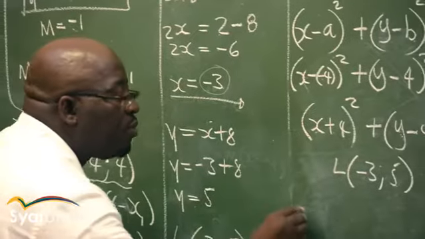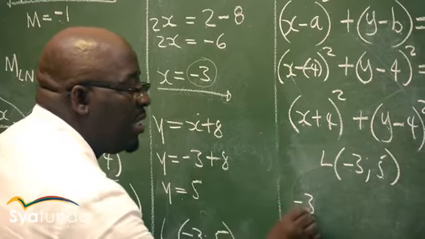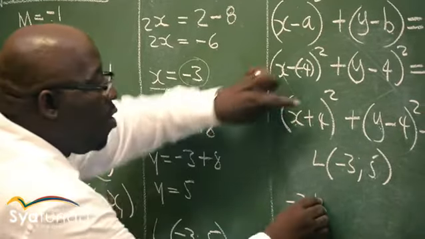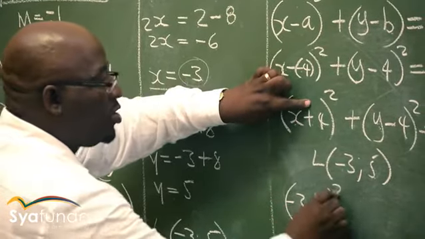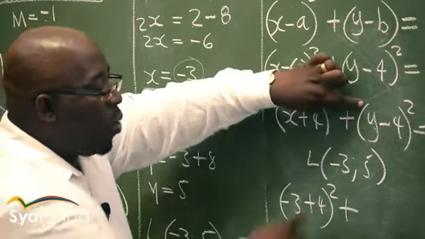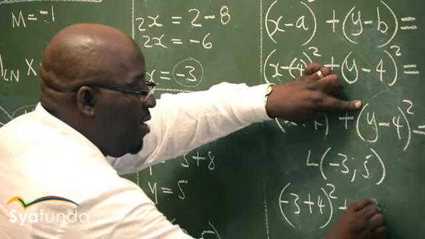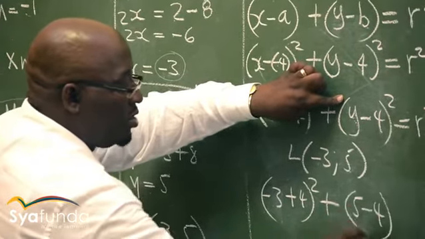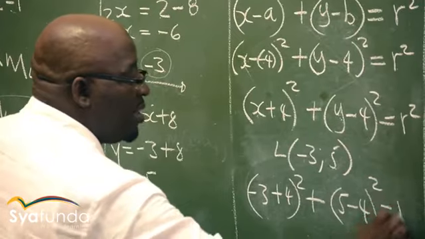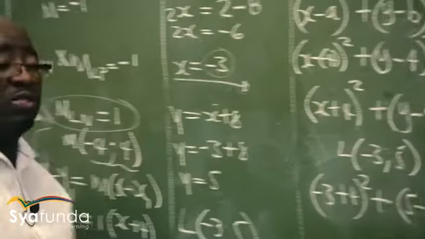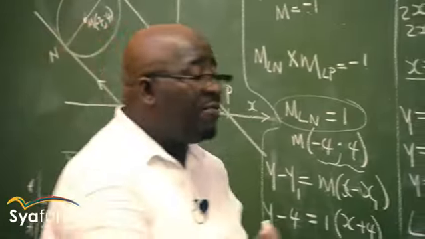Let's go. Where there is x, we have minus 3 plus 4, all squared, plus, where there is y, ufaka 5, then minus 4. It is 5 minus 4, also squared. This then becomes our r squared, our radius squared. That's what we're looking for. What do we have this side?